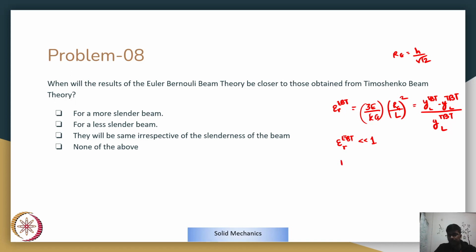And if this is the case, (rg by L) square into 3E by kG less than 1, we just move the variables to the right hand side. Sorry, I made a mistake here.